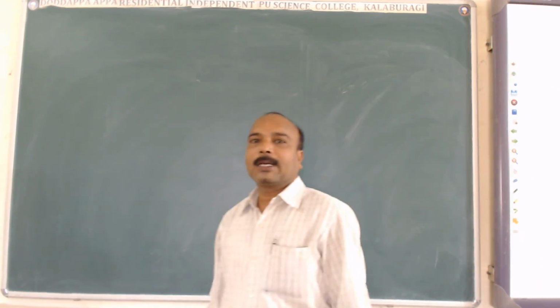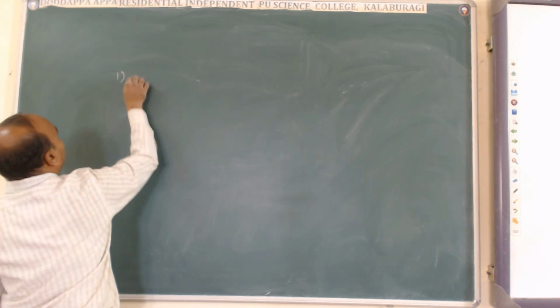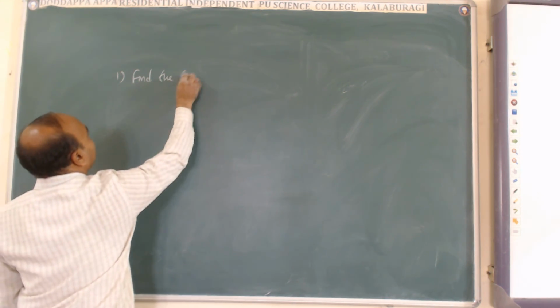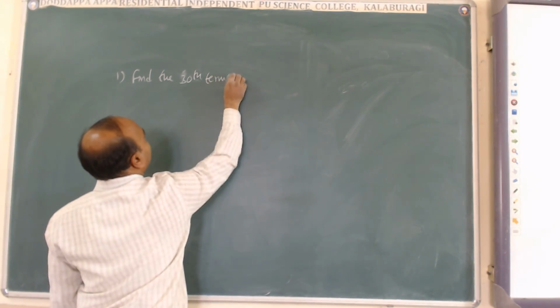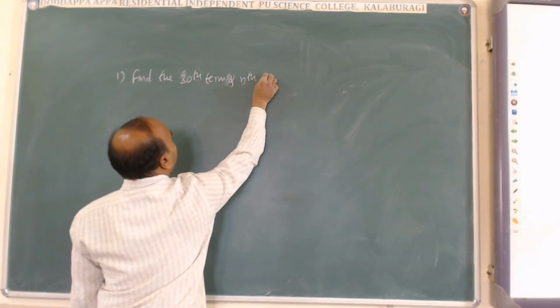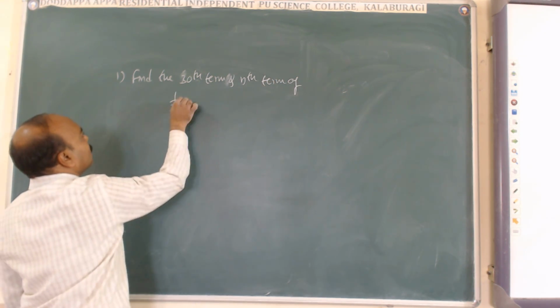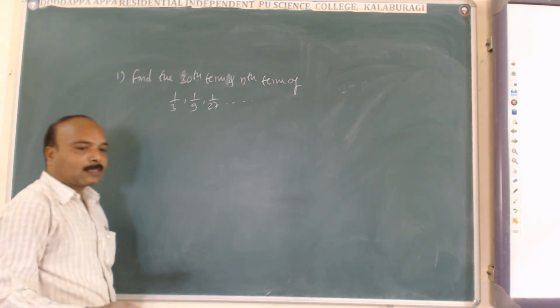Now you take some assignment questions. The first one, find the 30th term and nth term of 1 by 3, 1 by 9, 1 by 27 and so on.